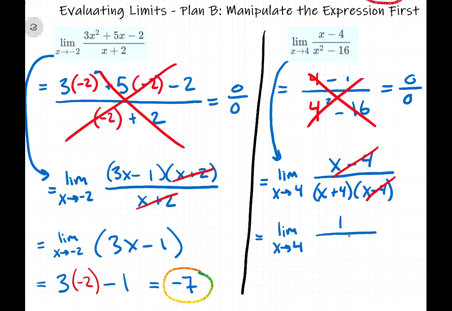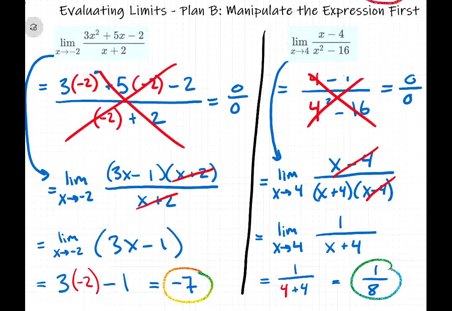We have a 1 on top, and x plus 4 on the bottom. And now, as soon as we get to a point where we can plug in this limit value, we plug it in. Okay, so now we evaluate the limit. So that's 1 over 4 plus 4. So we have 1 over 8.